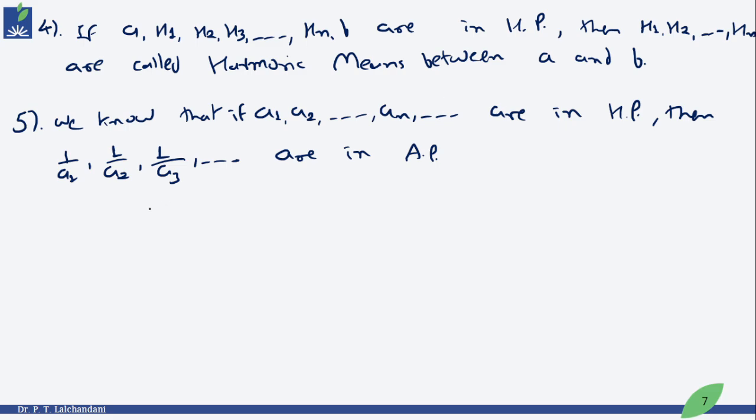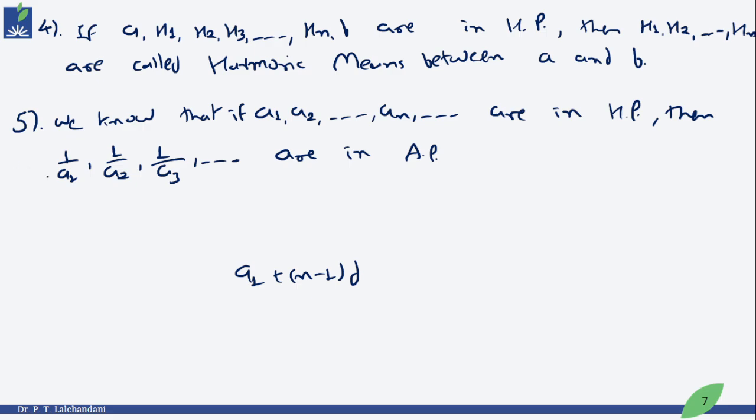Right? Now the question is how to find the nth term of the harmonic progression, An, using 1 upon A1, 1 upon A2, 1 upon A3 and so on. We know that these are in arithmetic progression, and we know that if a1, a2, a3 up to an and so on are in arithmetic progression, then the nth term can be found using the formula a1 plus (n minus 1)d, where d is the consecutive difference.